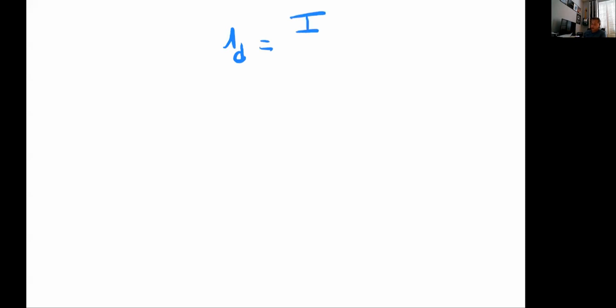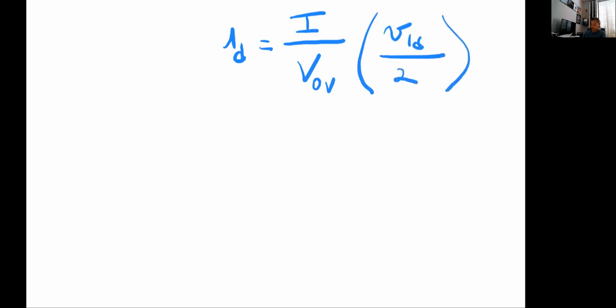But if you take the difference, you're going to see that I can define a differential current that is going to be the bias current divided by the overdrive voltage times the input differential voltage divided by 2.